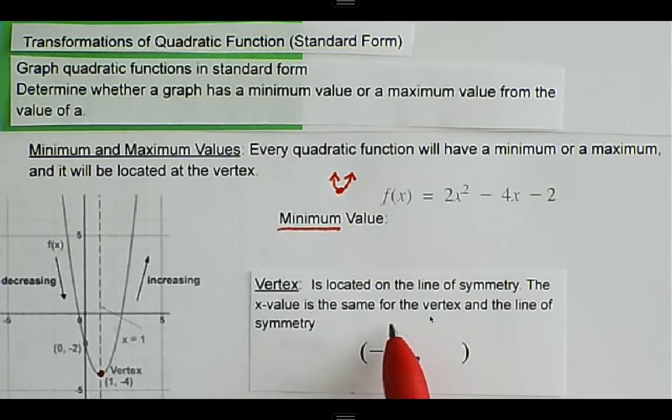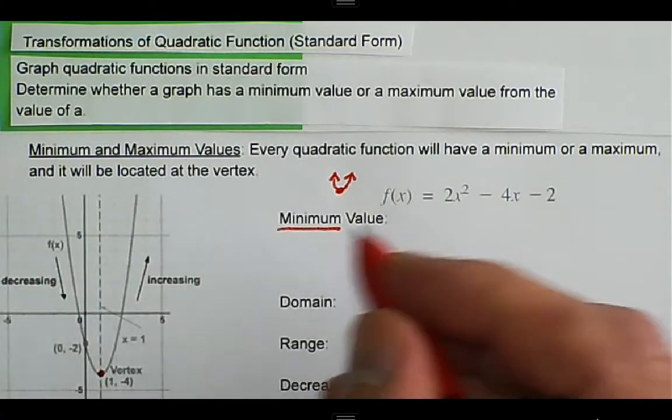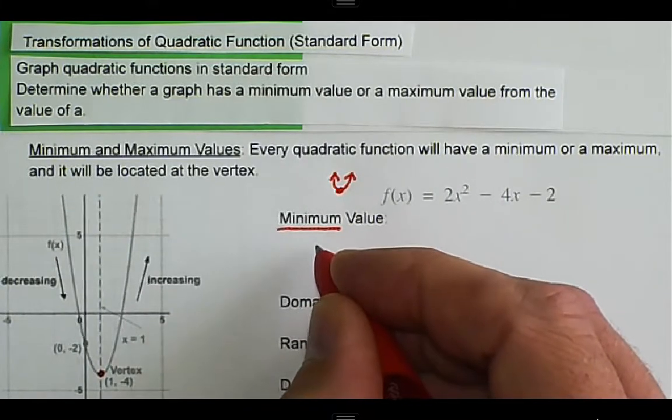The x value is the same for the vertex and the line of symmetry. That's the equation that we used, negative b over 2a, and we calculated that line of symmetry. So we are going to use the value there where we said x is equal to 1. So we're going to substitute that in.